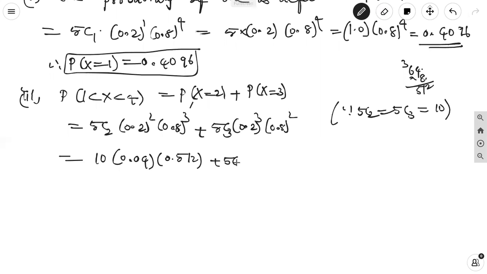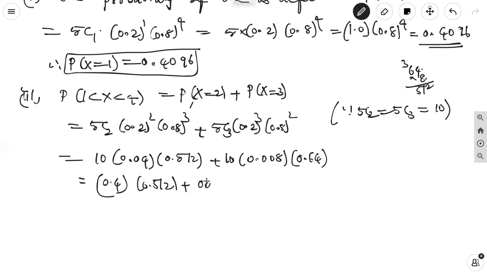Plus 5C3 is the value 10, 0.2 whole cube is 0.008, 0.8 whole square is 0.64. Here 10 means 0.4 into 0.512 plus 0.08 into 0.64.